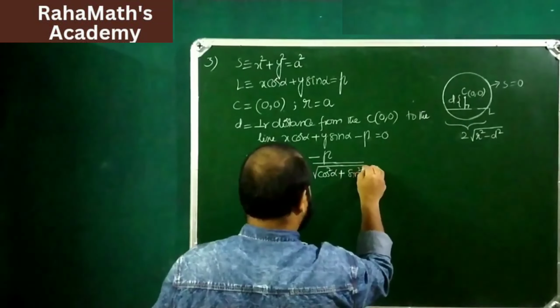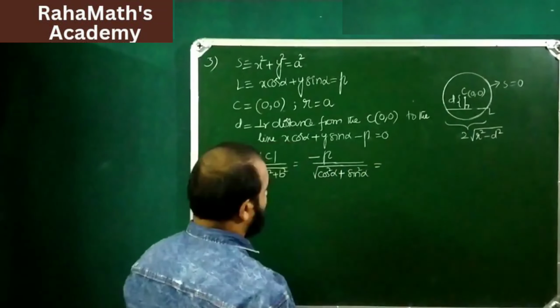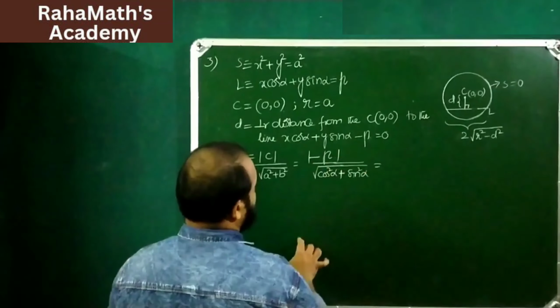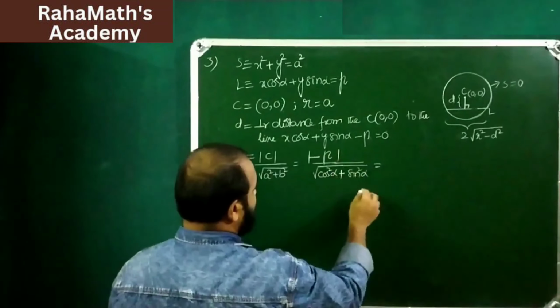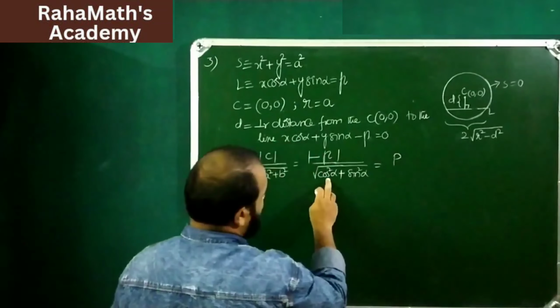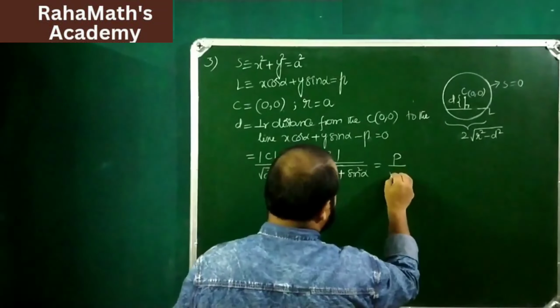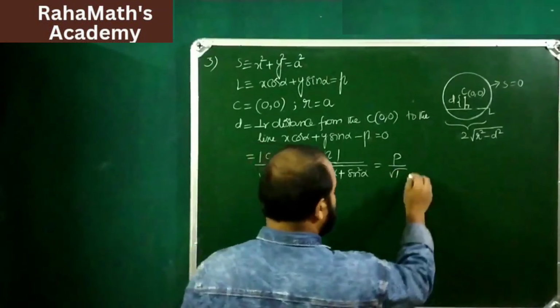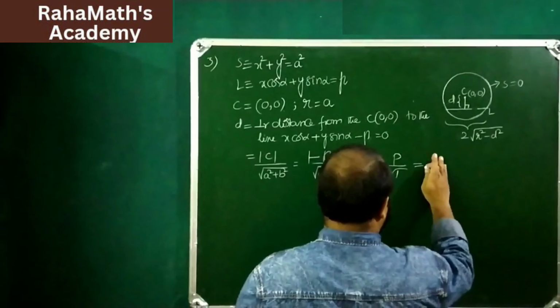So sin square alpha, that is equals to modulus. So modulus of minus p is p by cos square alpha plus sin square alpha is 1. So root 1 is 1. So p by 1 is p.